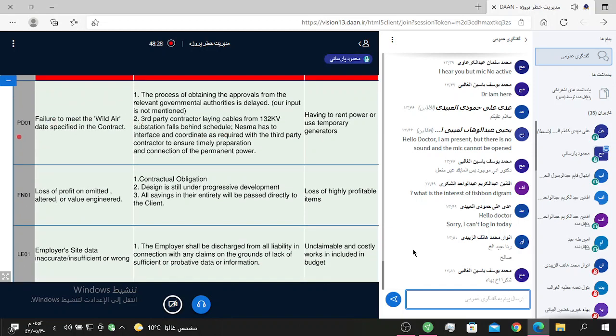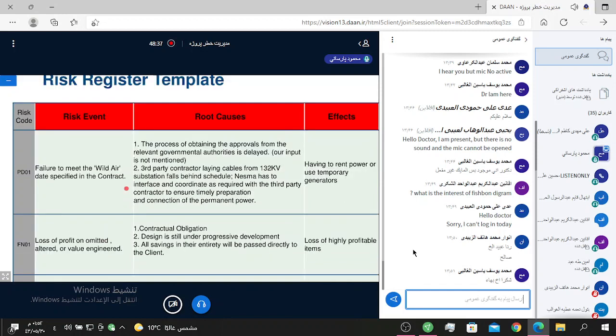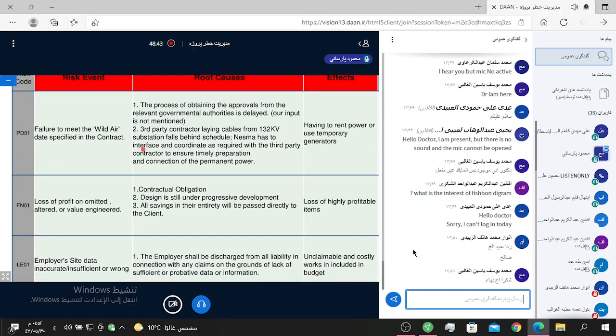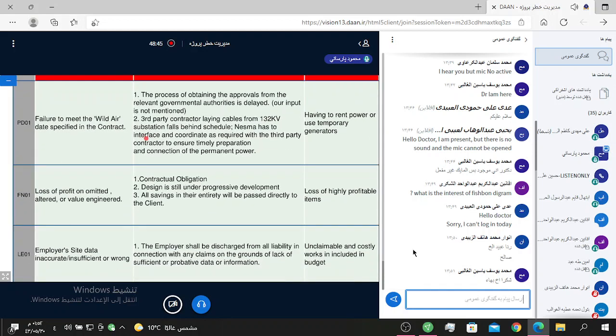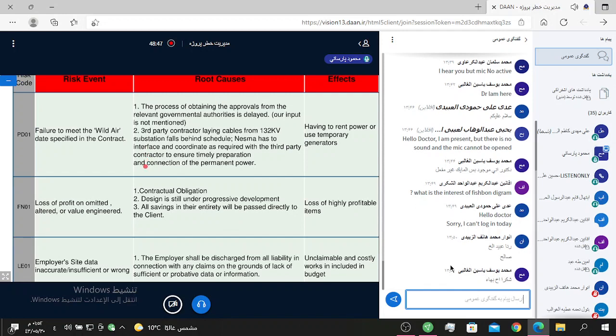For example, the codes are such as PD01 or PD1, or FN01 or FN1, and LE1.